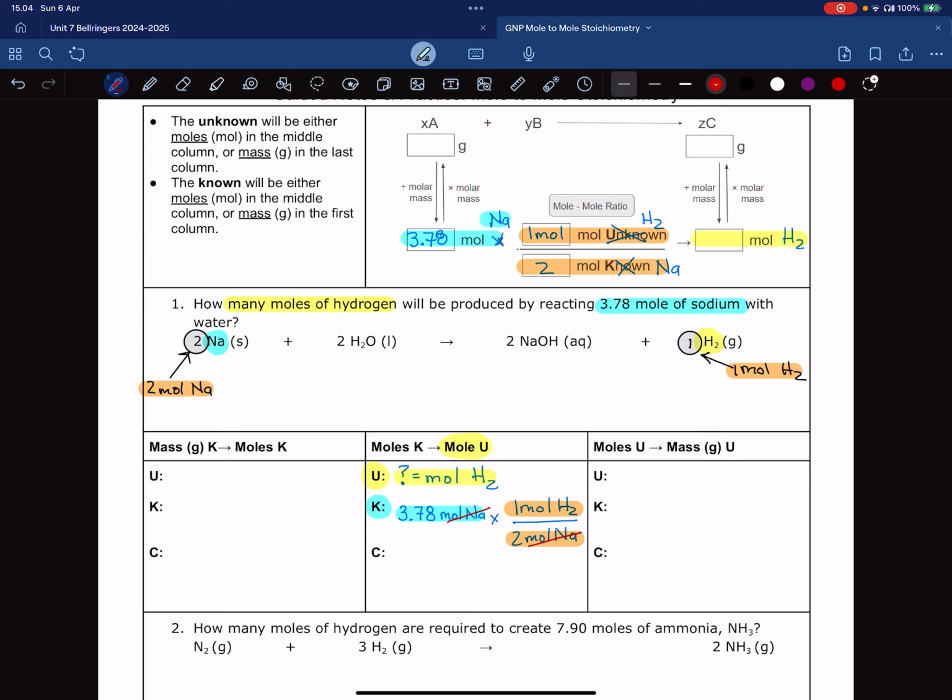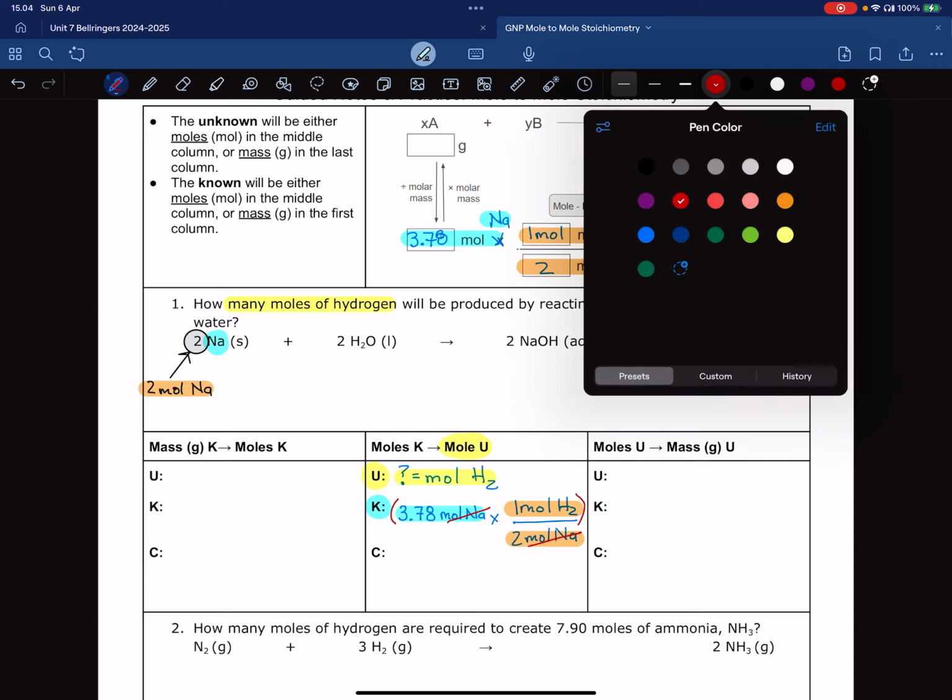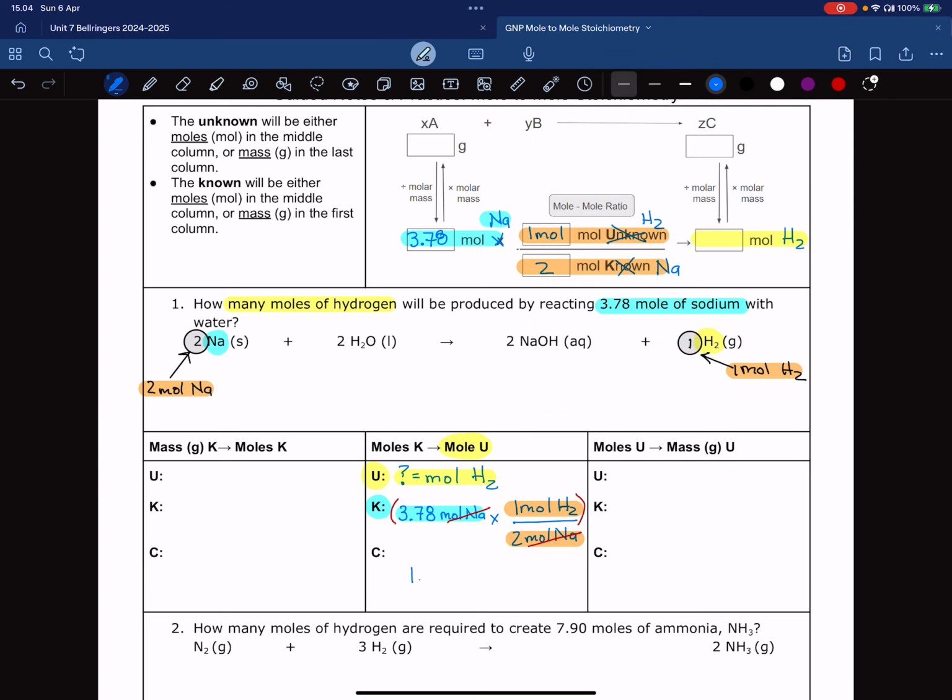Then what you're doing is multiplying 3.78 times 1 and dividing it by 2. 3.78 times 1 is 3.78. Divide by 2, 1.89 moles of hydrogen can be formed from 3.78 moles of sodium. So why does it work that way?